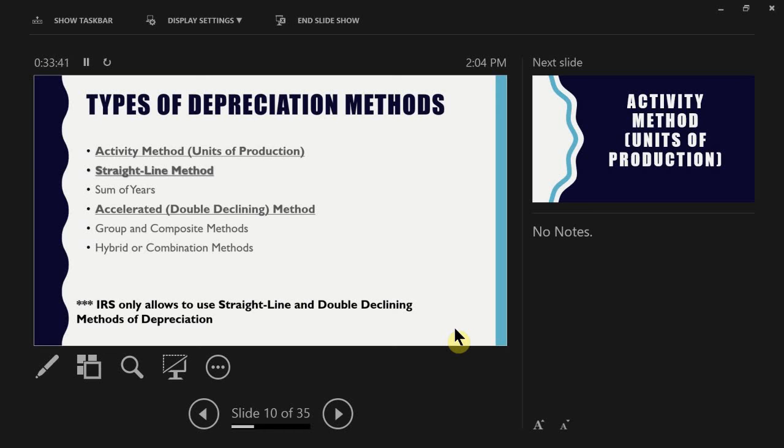These 3 are the methods I'm going to be talking about, and they are very useful because most commonly you're going to see straight line and double declining. Those are the 2 most common ones to use. But today I'm going to focus on units of production.